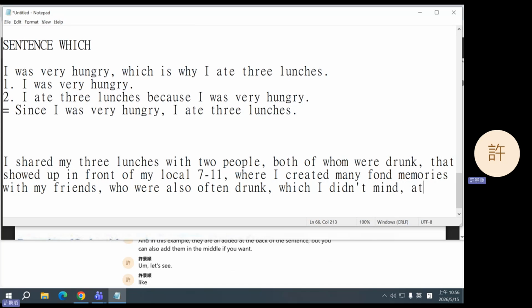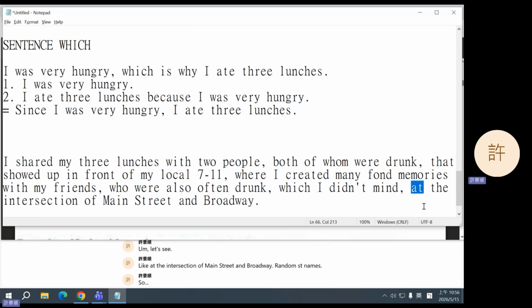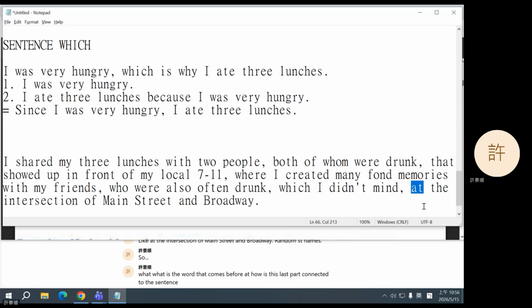Like at the intersection of Main Street and Broadway. Random street names. So at, what is the word that comes before at? How is this last part connected to the sentence? It's not a relative clause.